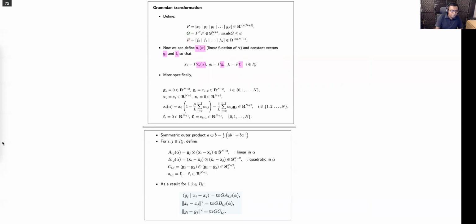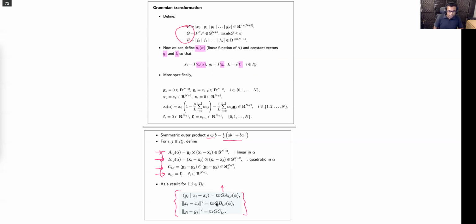If we define the symmetric outer product as follows, which is a symmetric matrix, then I can define these new parameterized decision variables aij, bij, cij, and aij, such that all the inner products and norm squared that appeared in my previous formulation can be written down as trace of the matrix G that I defined here times aij alpha.